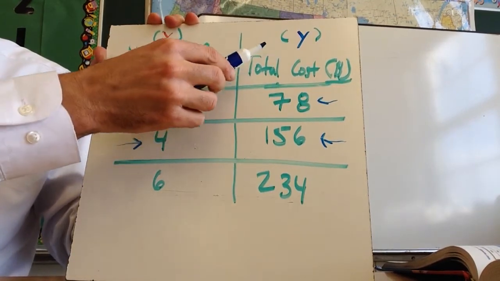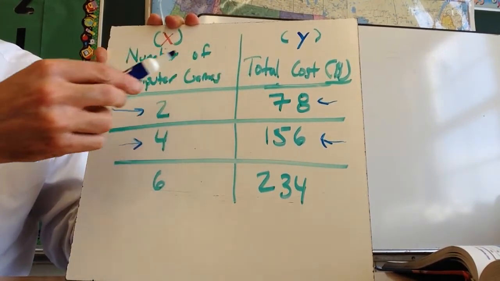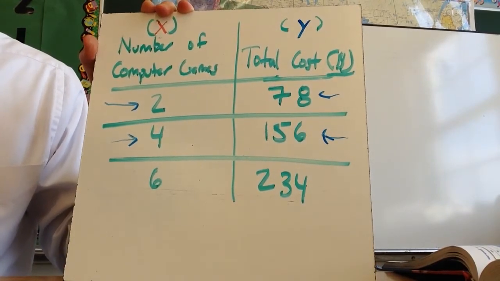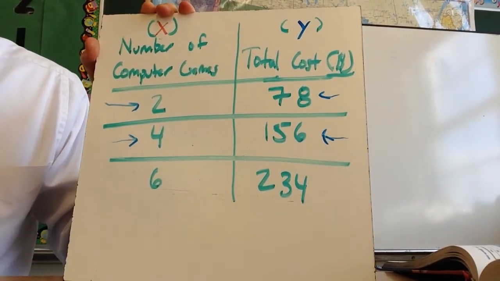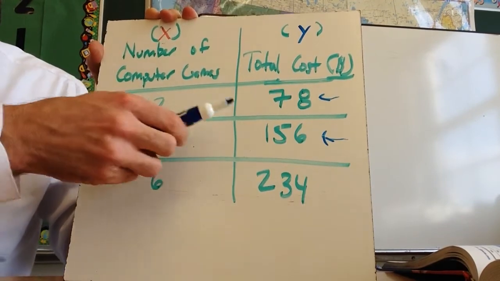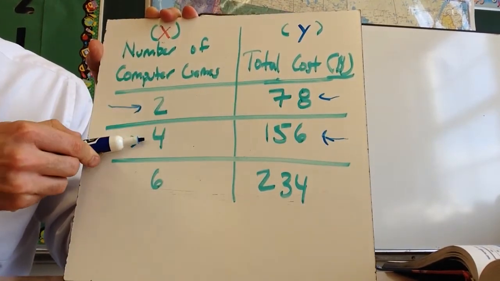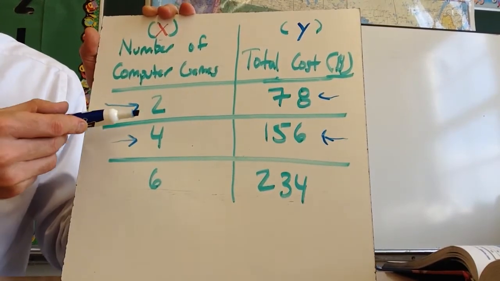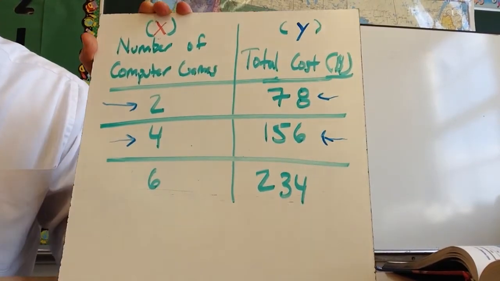In other words, it's how much change I have in total cost divided by the change in the number of computer games. And so theoretically 39 is the cost of one computer game. So each computer game costs $39. That's why if I buy 2, it costs this much, 4 would cost this much, 6 would cost this much, and we could keep going if we wanted. You also should be able to figure out what 3, 5, and 7 would be using that.